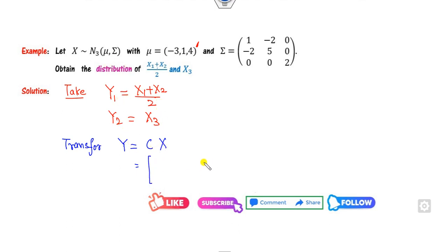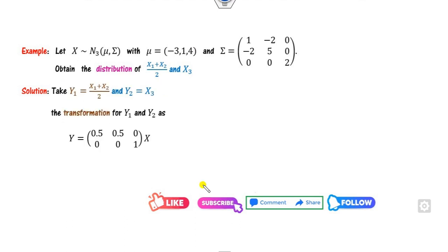So what is the transformation? It will be x1, x2, x3. So what is the x1? 0.5, x2 0.5, x3 in the y1 is 0. Fine. So this is my transformation of this.